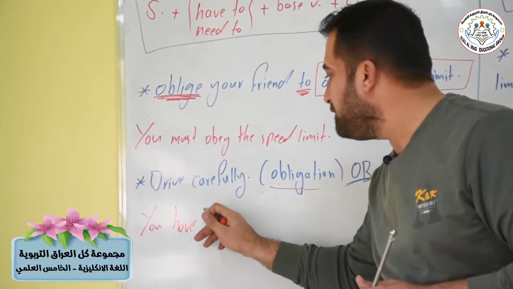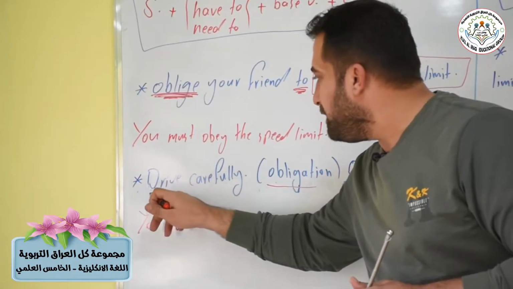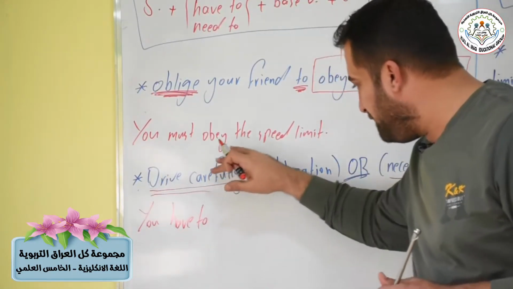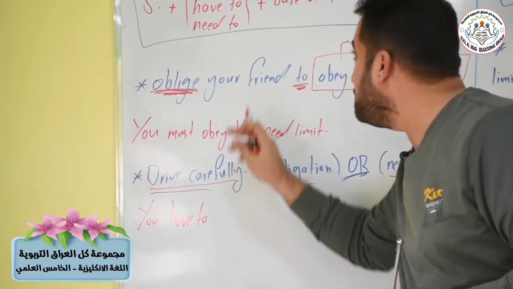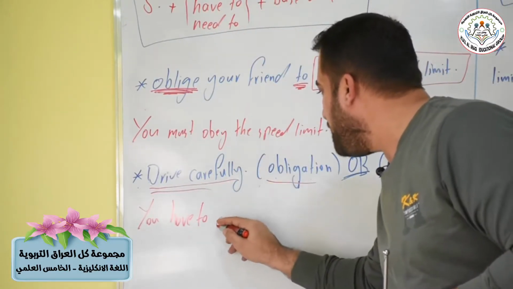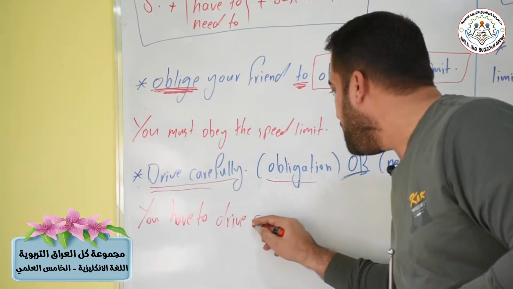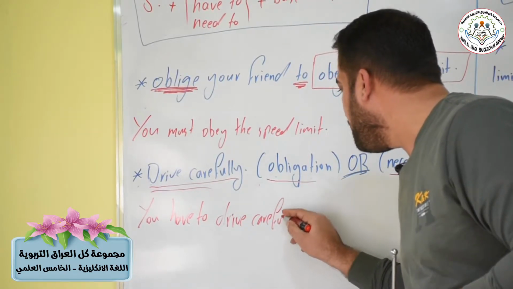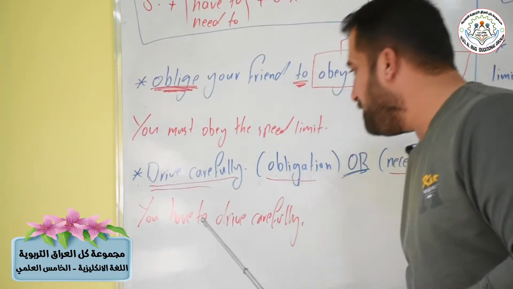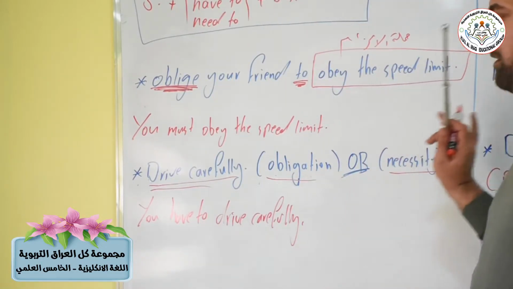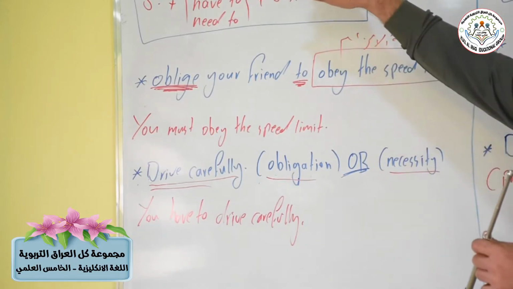You have to, and this sentence as it is. You have to or must or need to drive carefully. That's all. This is the obligation form.